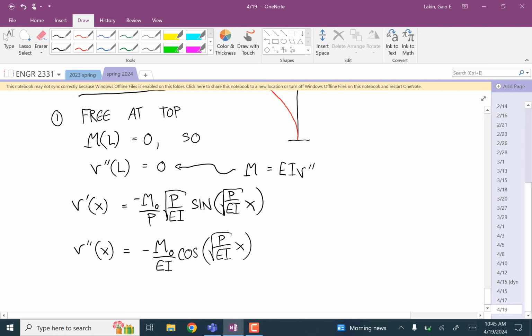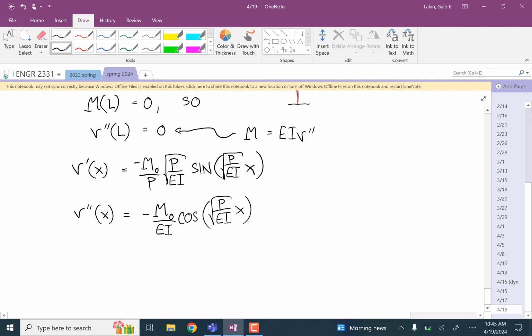and so the boundary condition says plug in L for x, and you get square root of P over EI times L is equal to, for the cosine to be equal to 0, we need n pi over 2, right?